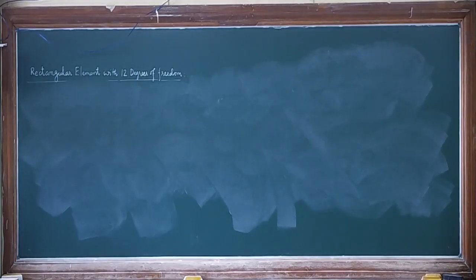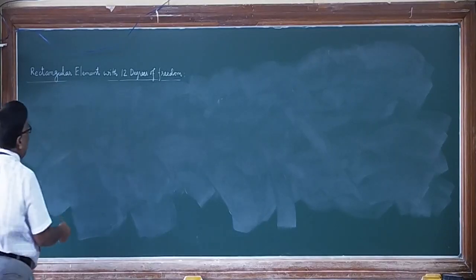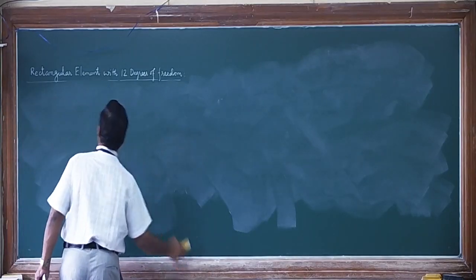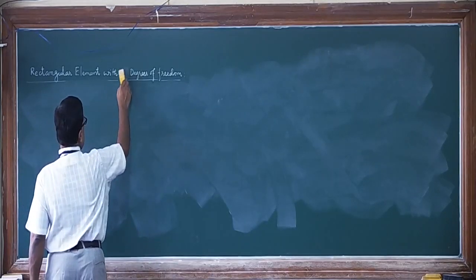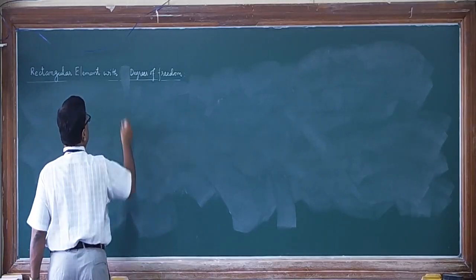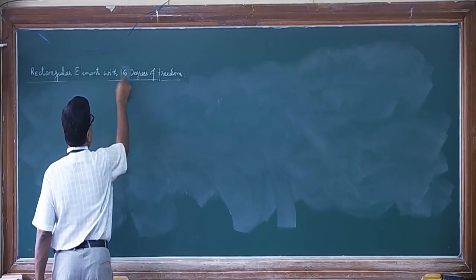Now, with this, let us quickly move to another type of element which is called a rectangular plate element with 16 degrees of freedom.